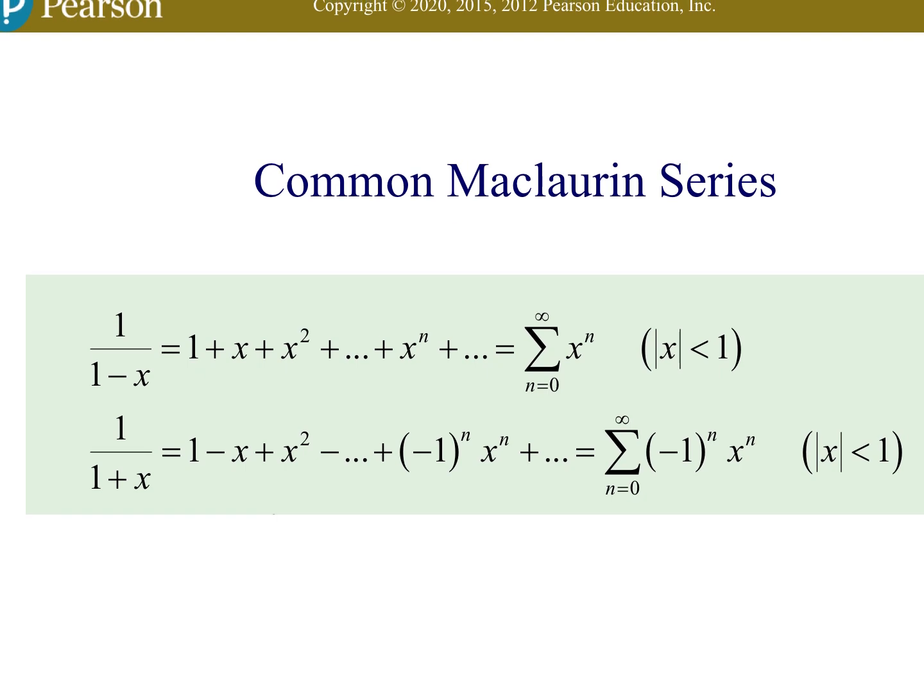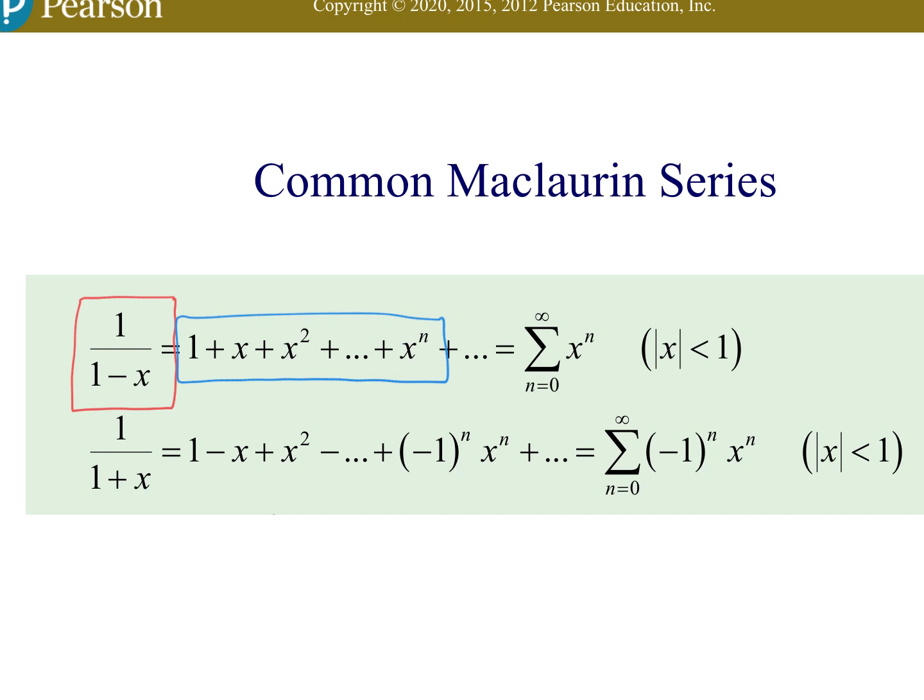We're going to start with some common Maclaurin series. If you take the function 1 over 1 minus x, and you center it at 0, and you create all the Taylor pieces, f of 0, f prime at 0, f double prime at 0, this is what you get: 1 plus x plus x squared plus ... plus x to the n.